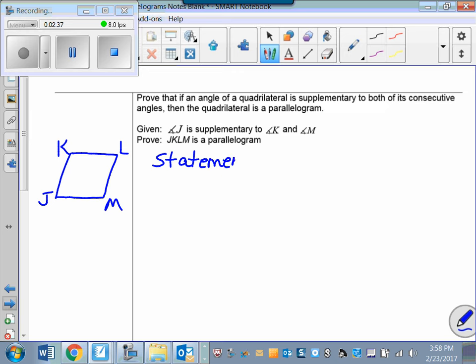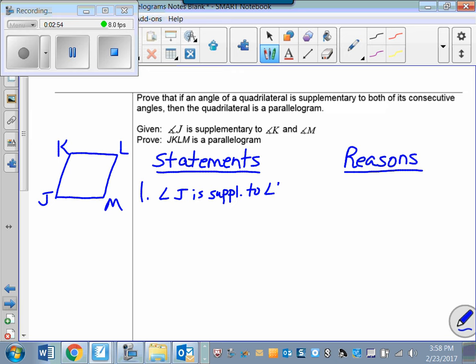So let's put down our statements and our reasons. Number one, we're going to write the given statement. Angle J is supplementary to angle K and angle M. That's given.